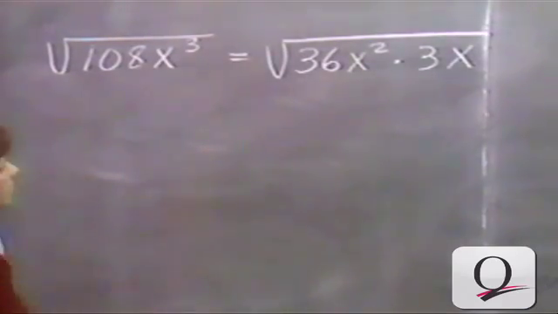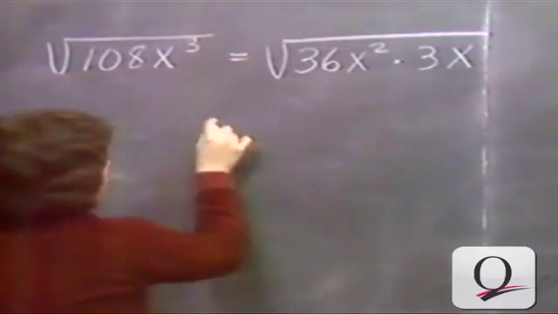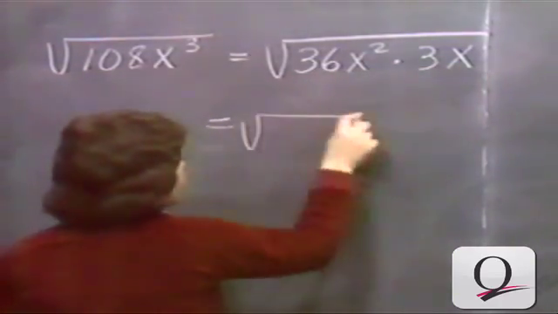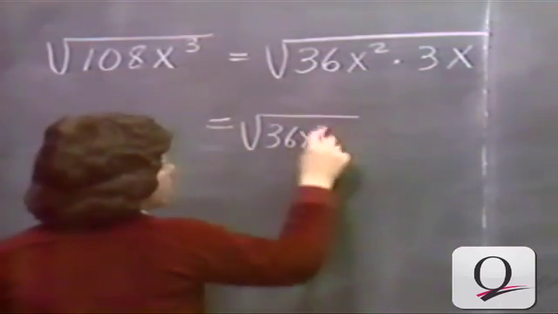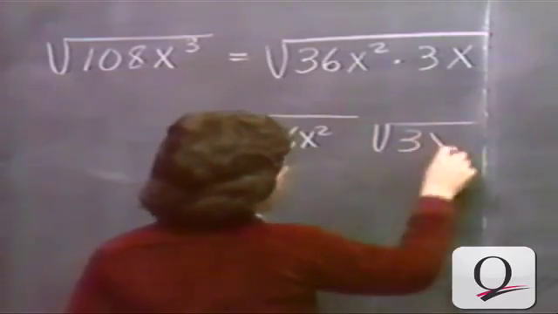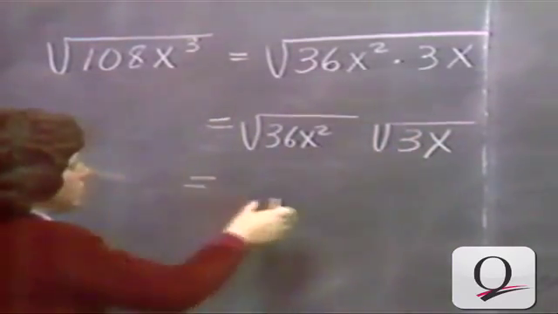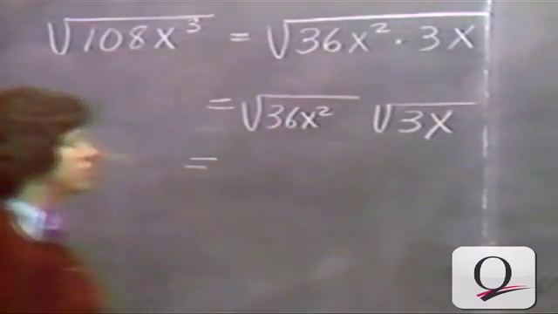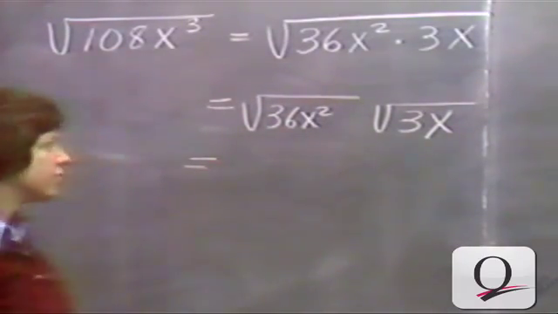If you were able to see this on the first step, then you have the square root of a times b, and you can make this the square root of a times the square root of b. And we have broken this up. This is a perfect square factor of 108x cubed. 36x squared is the largest perfect square factor that we could find.